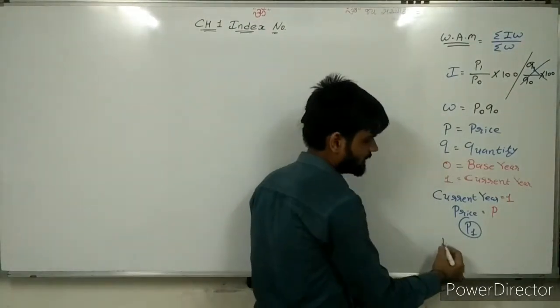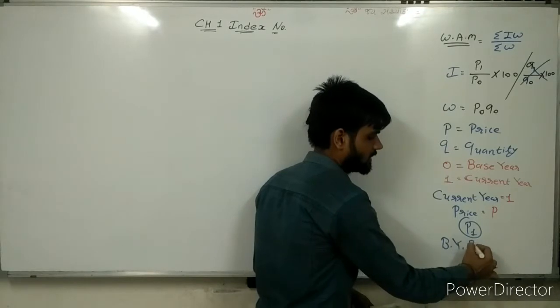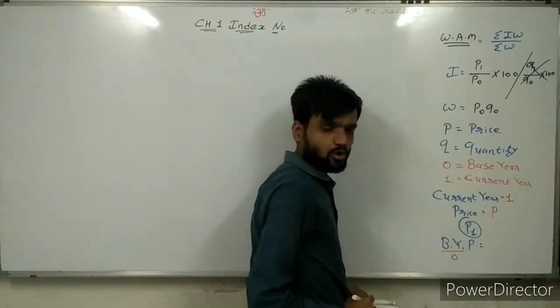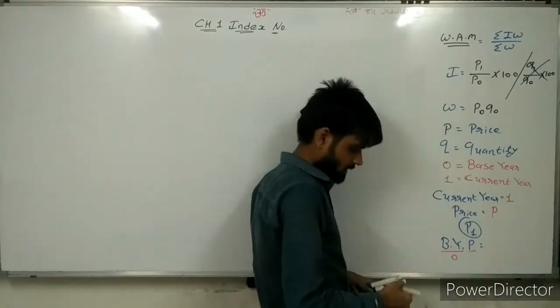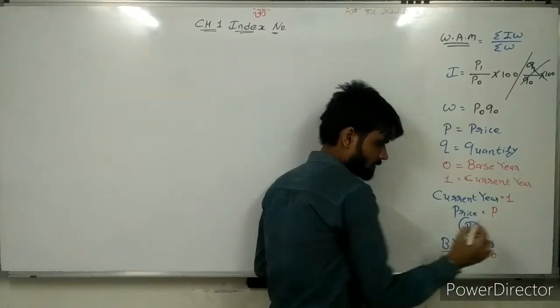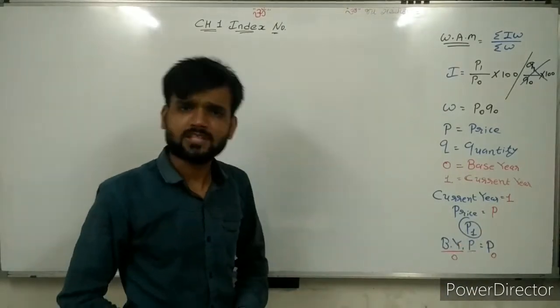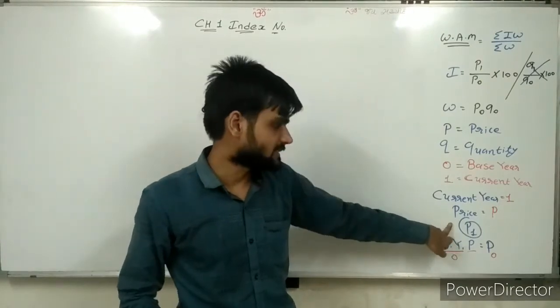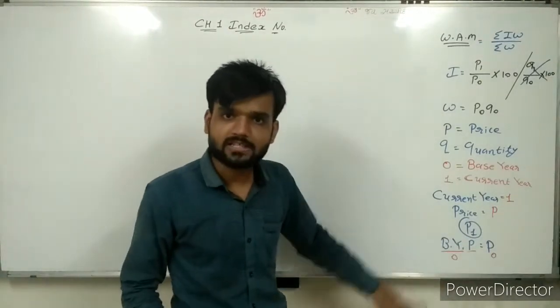Suppose second information is given, base year price. Now base year means 0, price means P. So I can write P0. Simple. So P1 is current year price, P0 is base year price.